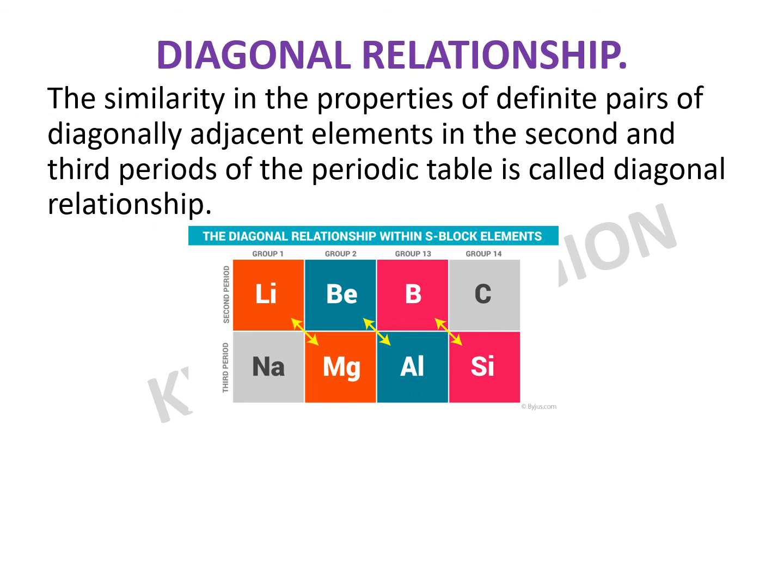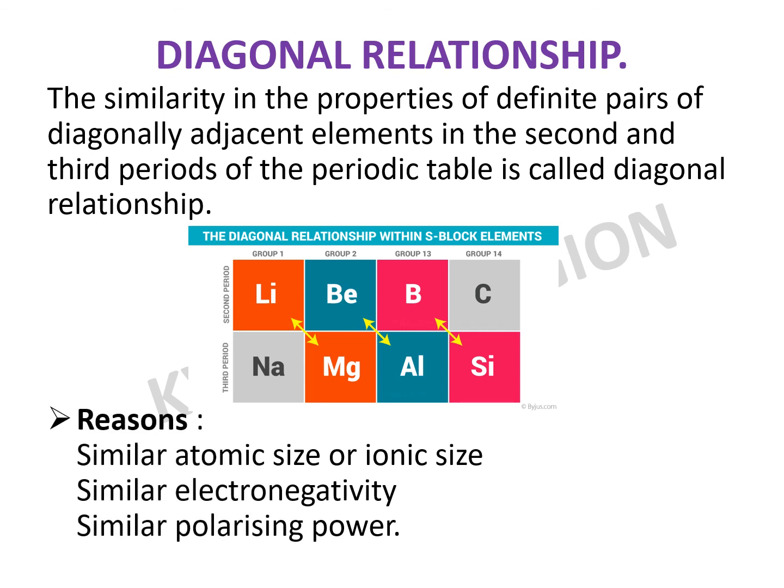The similarities in the properties of definite pairs of diagonally adjacent elements in the second and the third period of the periodic table is called diagonal relationship. The reasons for diagonal relationship are similar atomic size or ionic size, similar electronegativity, similar polarizing power. So, the pairs for diagonal relationship that we need to remember are lithium-magnesium, beryllium-aluminium, boron-silicon.